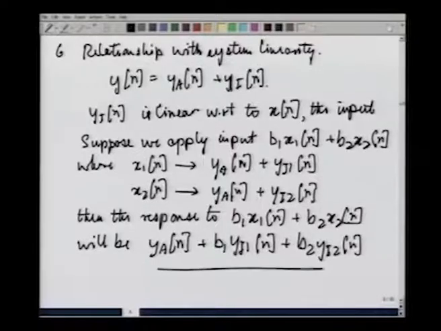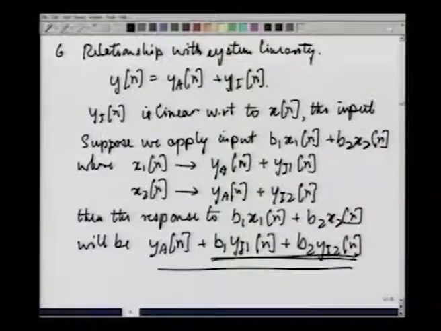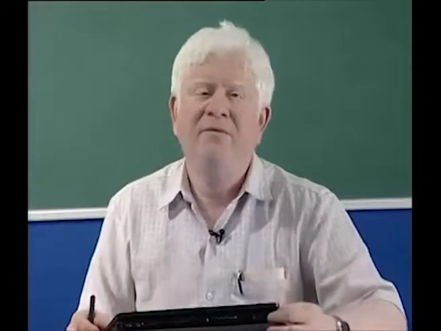Clearly, this entire thing taken in one piece is not linear with respect to the input, but this part which corresponds to the pure input response is linear with respect to the input. Likewise, y_a[n] will be linear with respect to the auxiliary conditions.